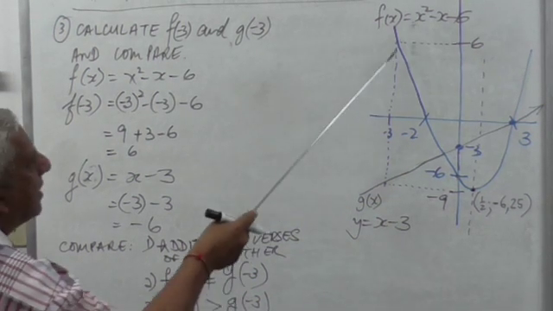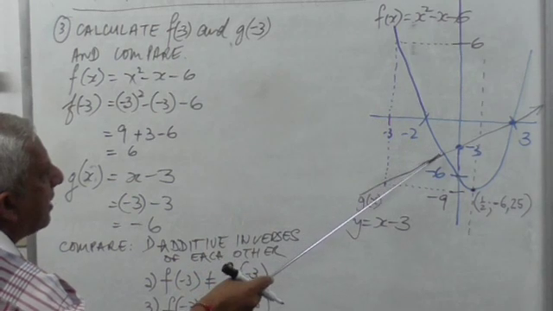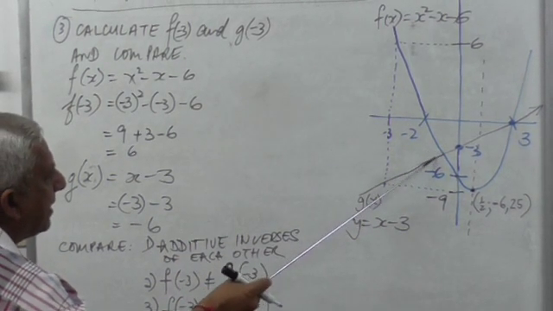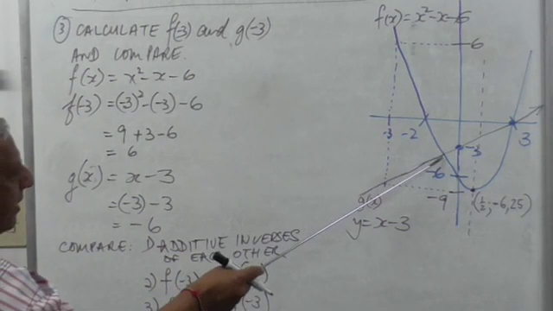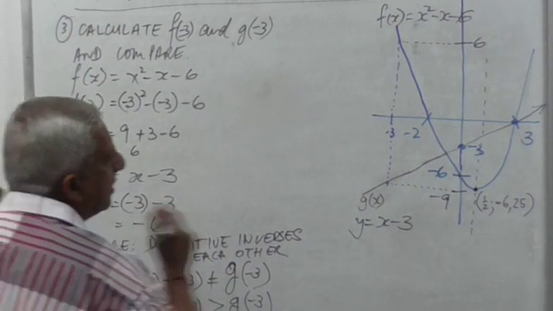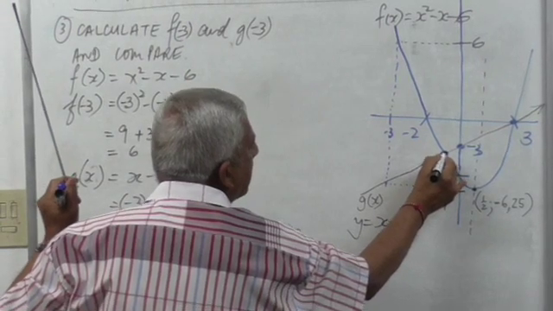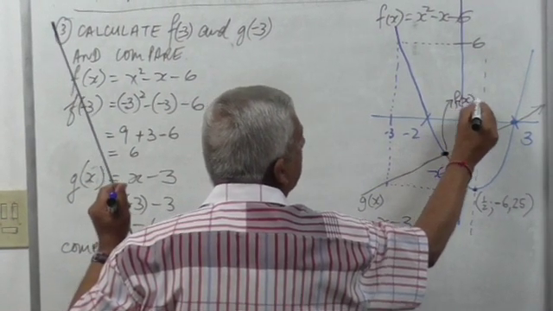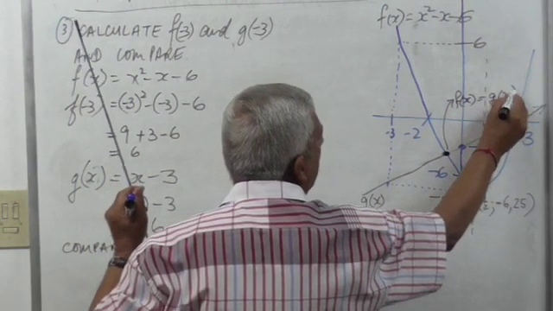In other words, in this region, from here to here, f of x is greater than g of x. Right here where they cross, at this point, f of x is equal to g of x.